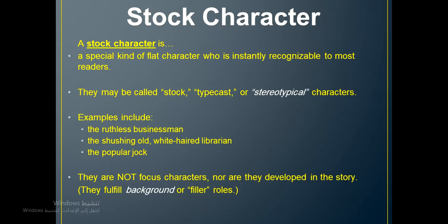We can say that in the Frankenstein novel, Clerval, who is the friend of Victor Frankenstein, could be a stock character. He's a flat character, which means that there's not much change in his character, but I think he's recognizable to most readers.